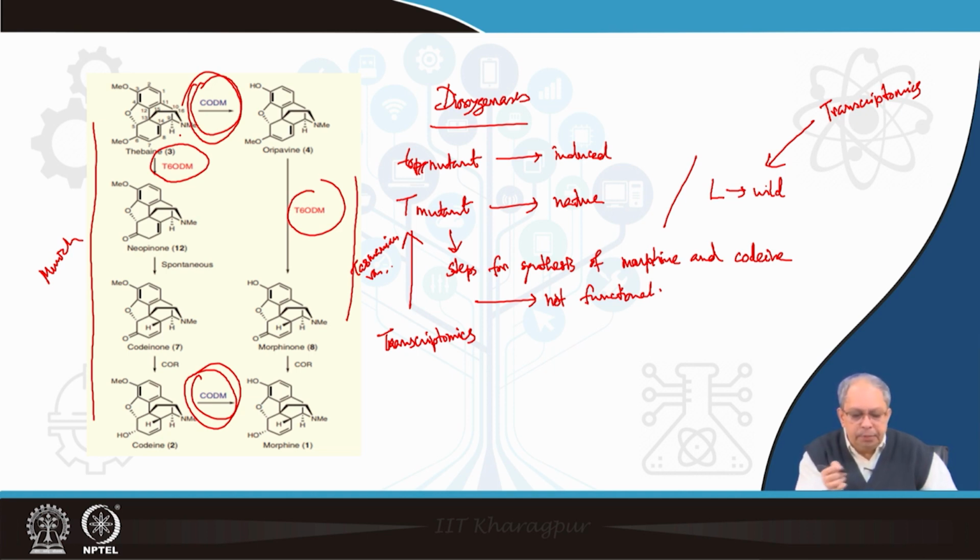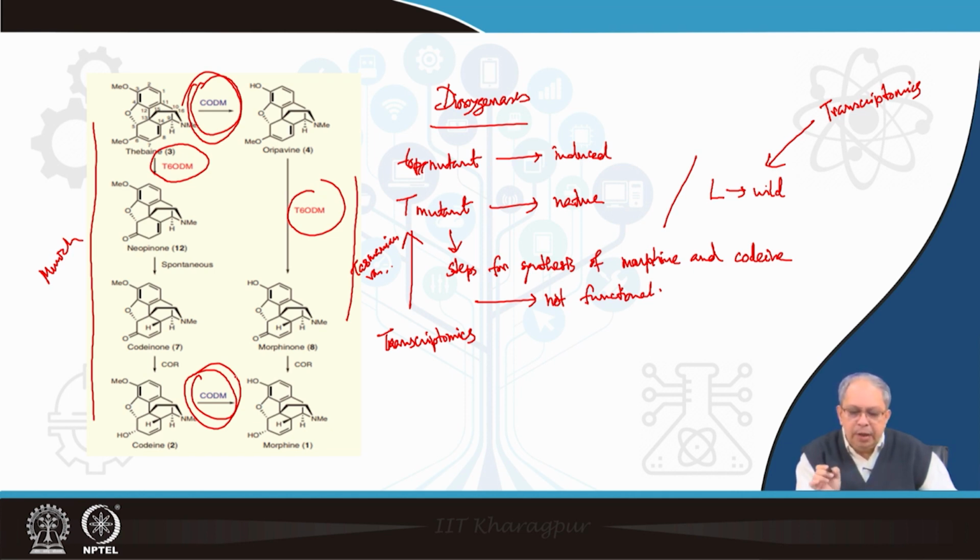It depends on the type of genes they have used. So, this is all about it. Yesterday I did not mention the T mutant and the top mutant, so here I made it clear.